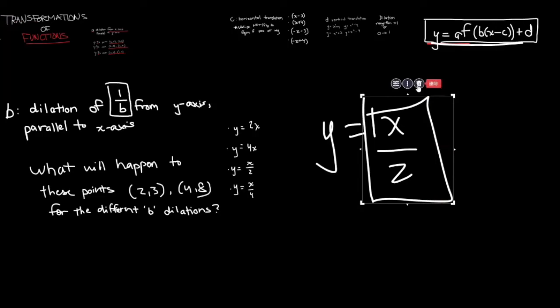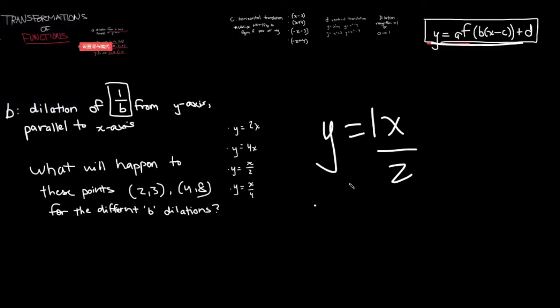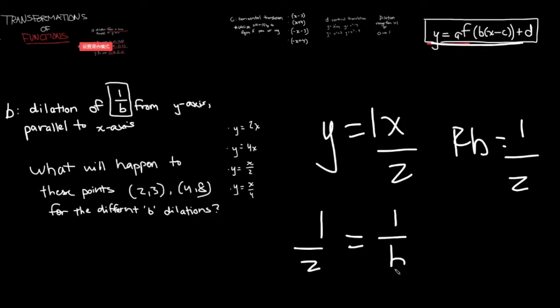And so what happens now? Well, they already give us x over 2, so we can identify the result of b is 1 over 2, because the 1 is just not there, but it is there. So the result of b is 1 over 2. So 1 over 2 is equal to 1 over b.